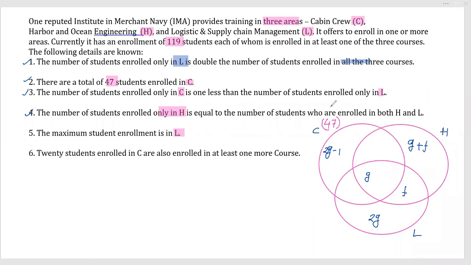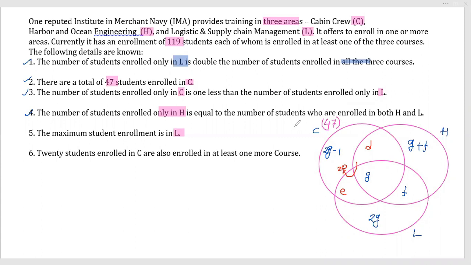So let me consider this is D and this is E, and it has mentioned that these three courses taken together, it is considered as 20. This is 20, these three.